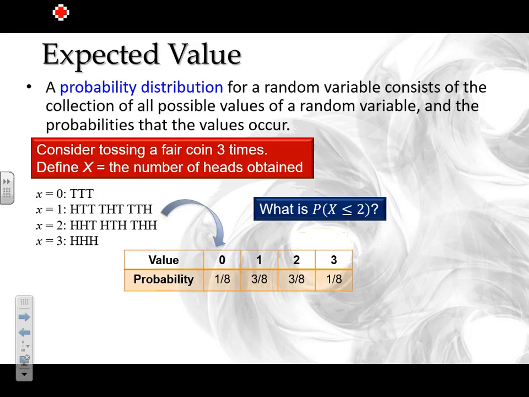The probability of getting 2 plus the probability of getting 1 plus the probability of getting 0, right? So this is an addition problem. So we would take our 3/8 plus 3/8 plus 1/8. So what would the probability that x is less than or equal to 2 be? Would be 7/8.